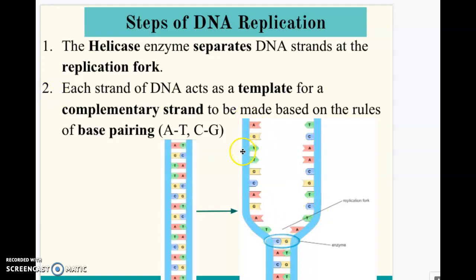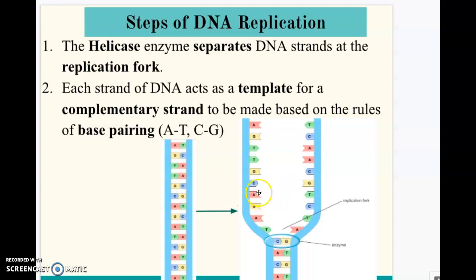Now each strand of DNA, and when I say strand, I mean each half of the DNA molecule, acts as a template for a complementary strand to be made based on the rules of base pairing. Since we know A only pairs with T and C only pairs with G, if we only have one strand of the DNA molecule, we can still know exactly what should be on the other strand.